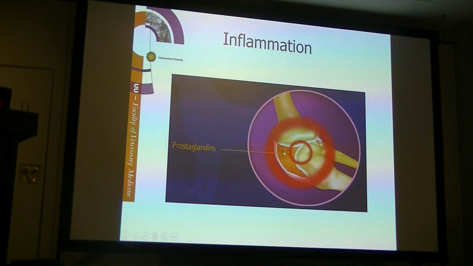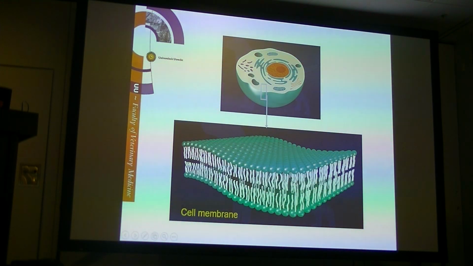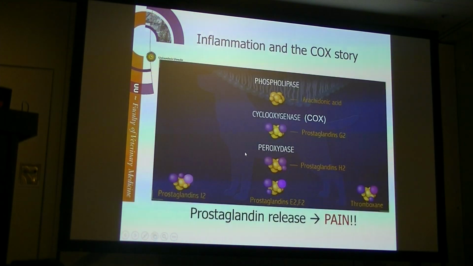So in joints, these prostaglandins are released in the joint fluid, and then they attach to the nociceptors, and that's why dogs, but also humans, feel pain. And it all is taking part in the cell membranes of the synovial lining, or in the disc, or around membranes around the nerves.